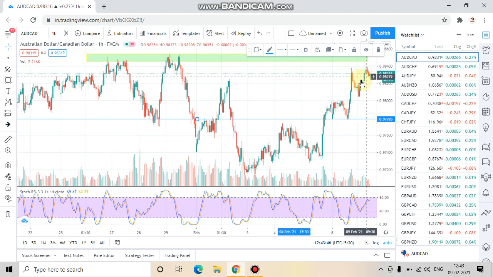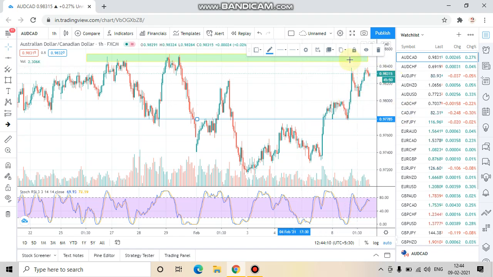If the market comes down from this particular price level and reaches this point, and if it takes support and shows some reversal sign, and if stochastic RSI also gives us a good signal, then you can easily go ahead and buy at this zone.